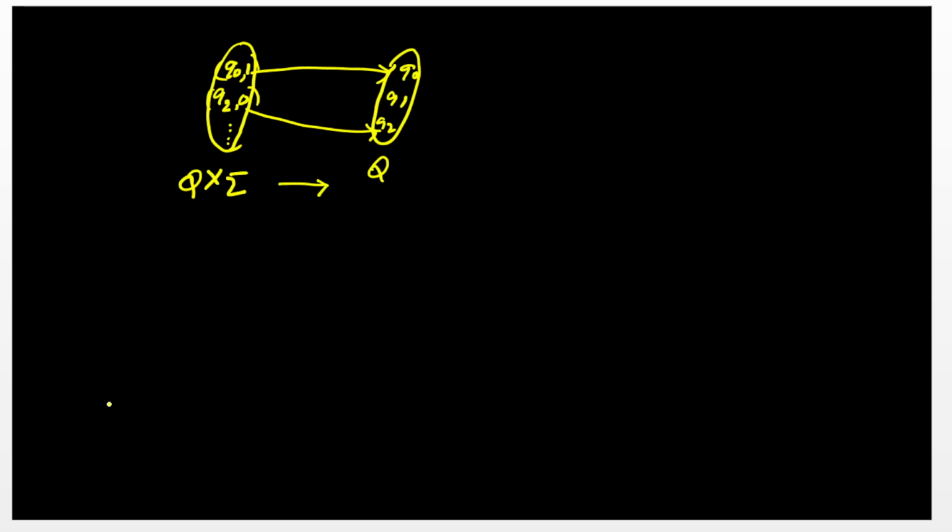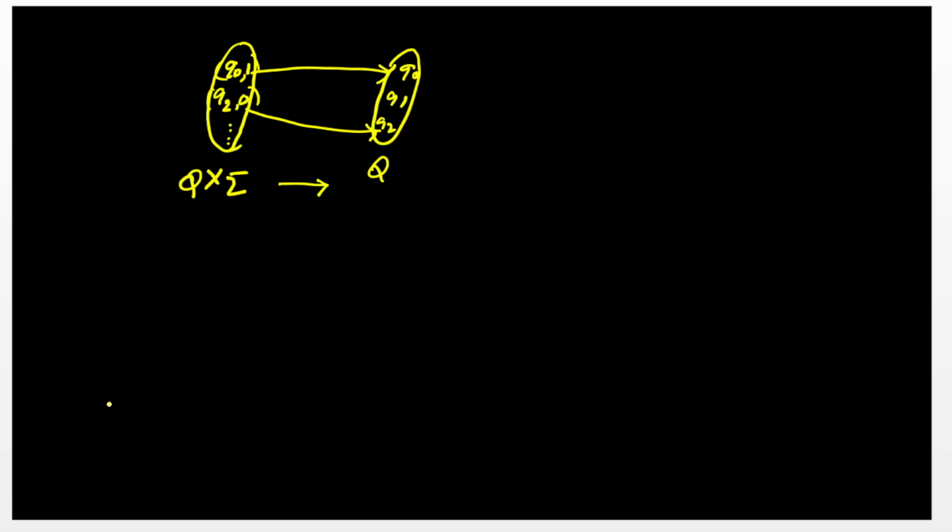It is basically Q cross sigma, and it may be Q naught, Q1, Q2. Suppose by using this you may move to Q0, or by using this you may move to Q2, etc. So this is basically a transition function, that is Q cross sigma to Q.